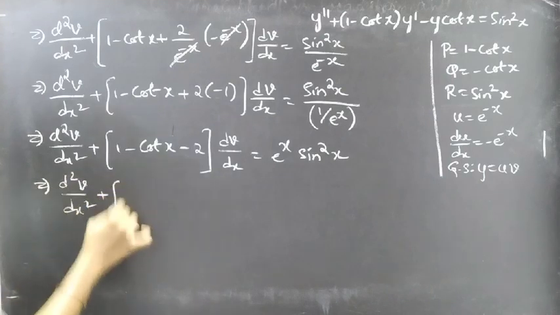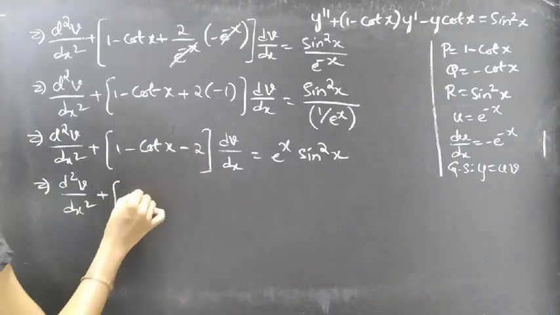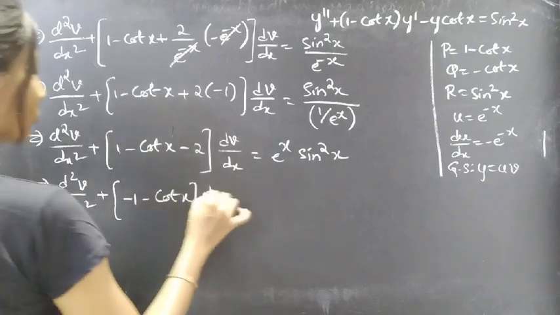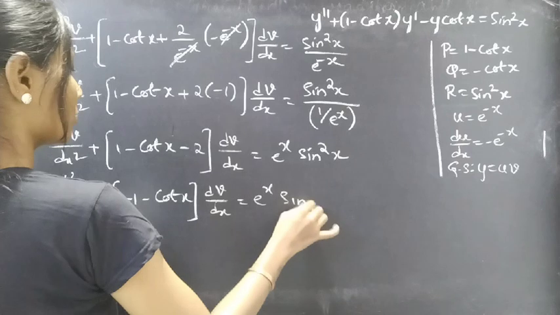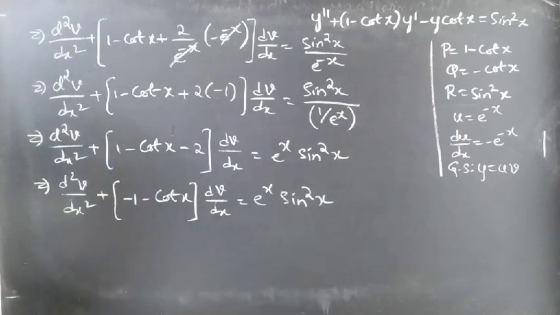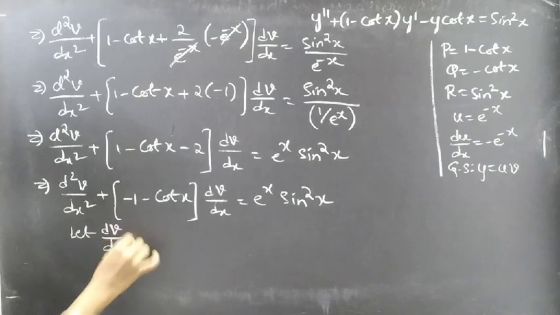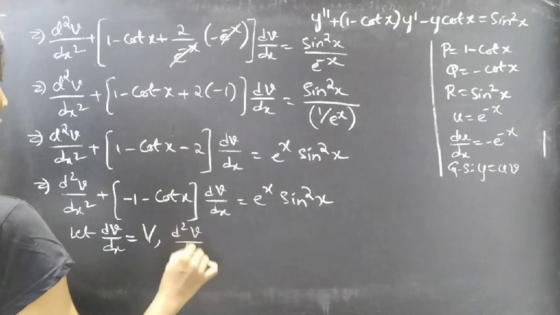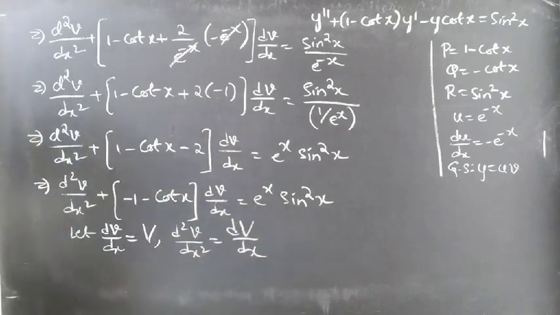This becomes 1 - 2, which is -1, so (-1 - cot x) dv/dx = e^x sin²x. Now let dv/dx equal capital V. Then d²v/dx² will be dV/dx.